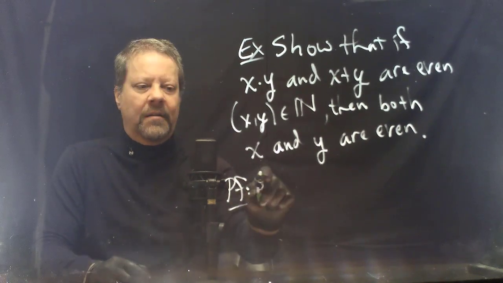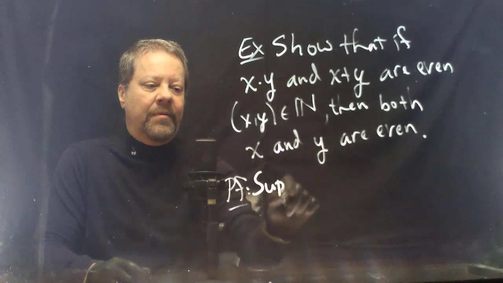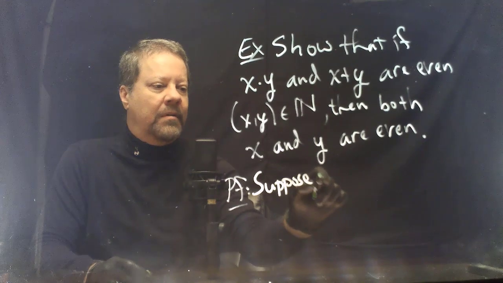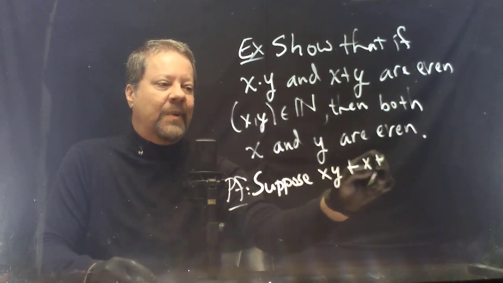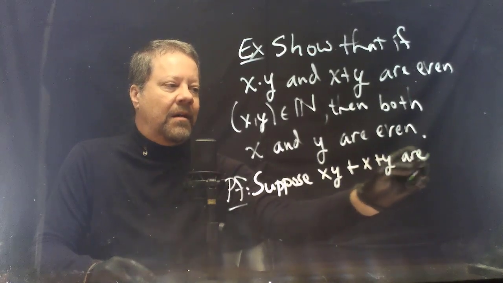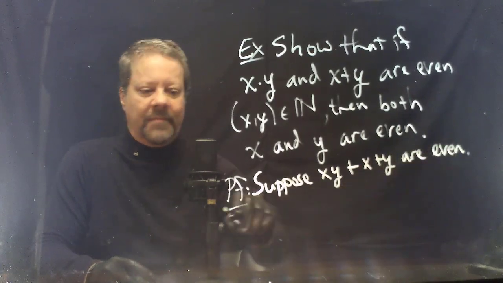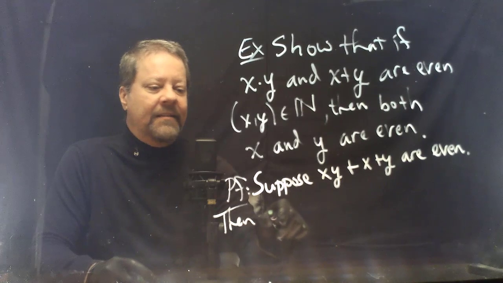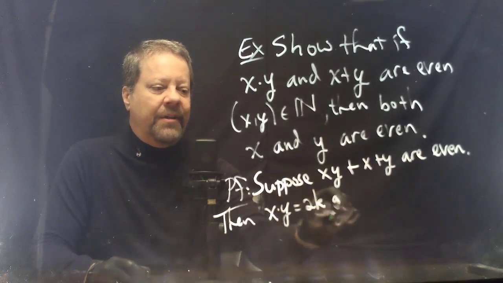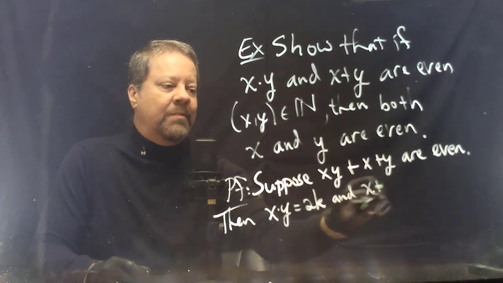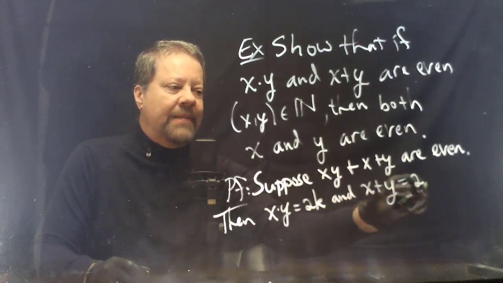So in our proof, we'll suppose both xy and x plus y are even. What does that mean? It means x times y is 2 times some integer, and x plus y is 2 times an integer.